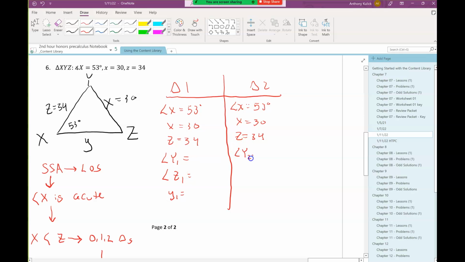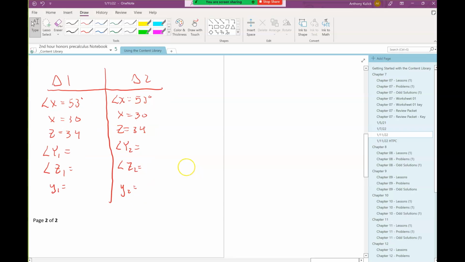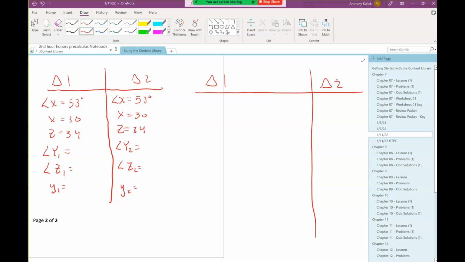I'm going to add a subscript 1 for those pieces in triangle 1, and a subscript 2 for those pieces in triangle 2. Everybody good with how we set that up? Now I'm going to make a space to do the work for each one of these 2. Again, trying very hard to keep myself organized.